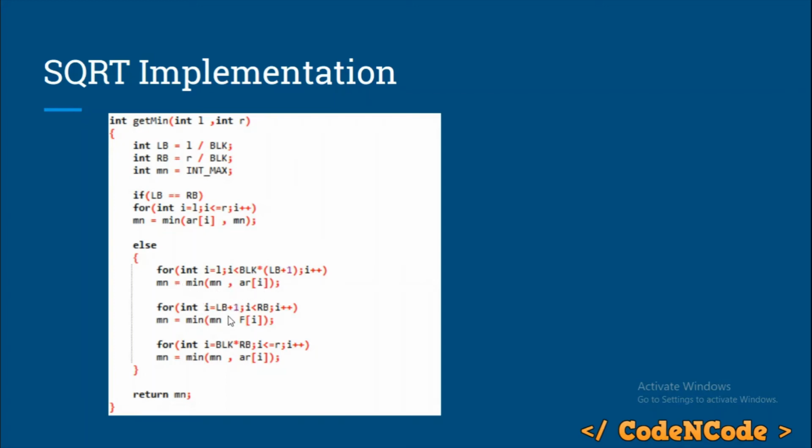Now starting from LB plus 1 less than RB, we would traverse block by block, and at last starting from the right block, we would go till R again linearly, each time updating the answer to be minimum of mn comma ar of I or f of I, and at last returning mn, that is the answer.